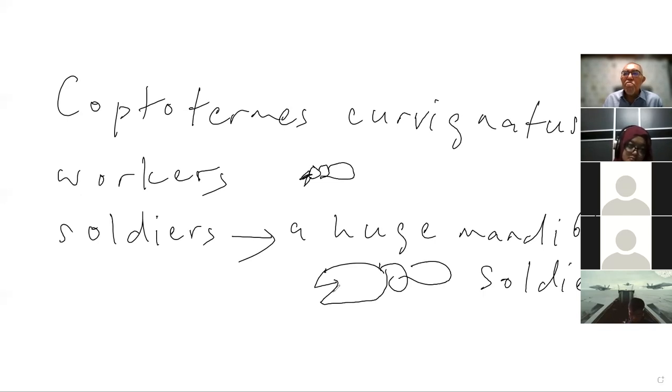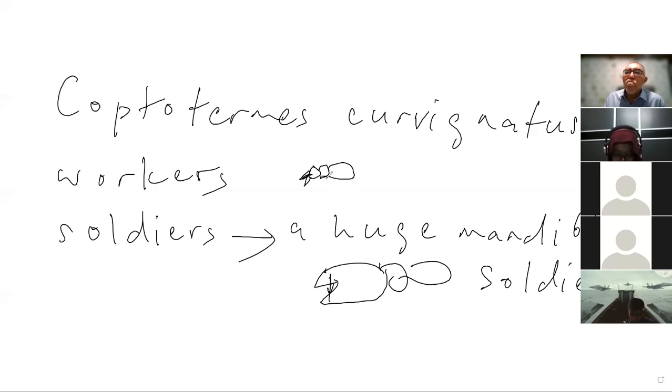If it is infested with termites, you knock on that panel and the soldiers will start clicking because they consider that a threat, and they will start clicking their mandibles as a warning to a would-be enemy.